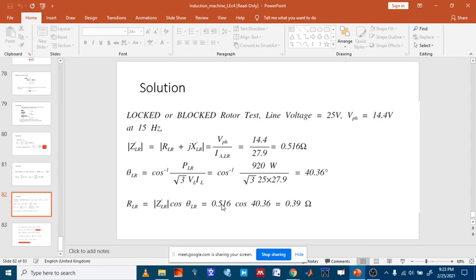You get it? This is the ZLR. It was given to be 0.516. So 0.516 cos phi, this is the phi. You get the RLR to be 0.39.